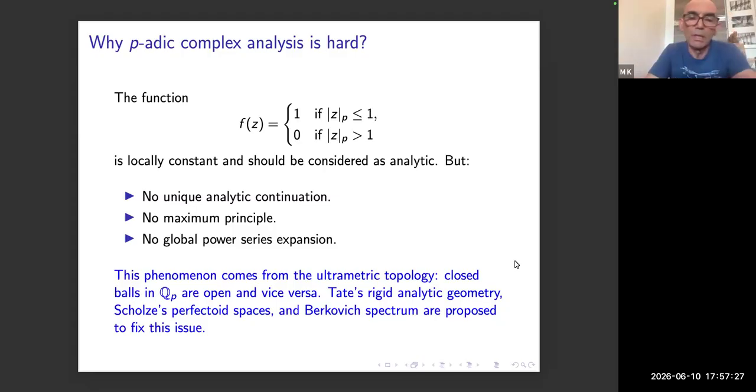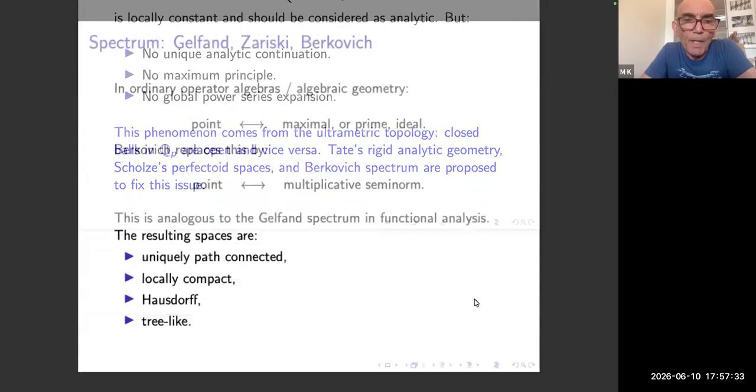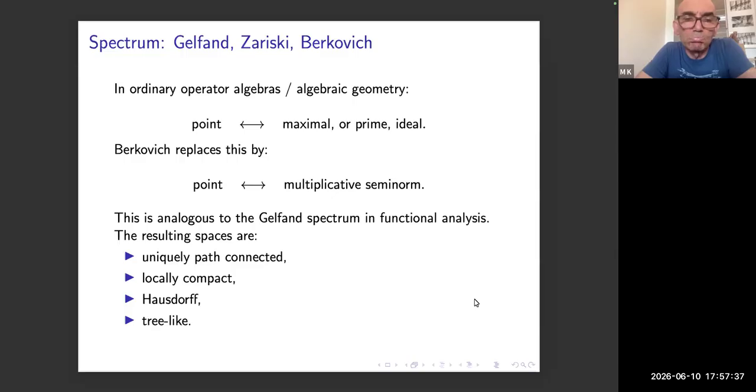This is a problem that Berkovich struggled with and came up with a beautiful solution. And actually, for us in functional analysis, it should be much easier to understand, because we use a spectrum all the time.